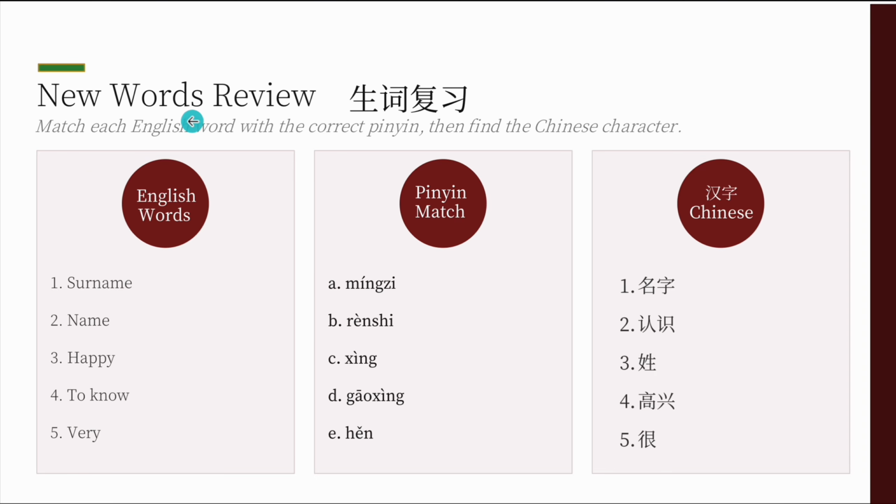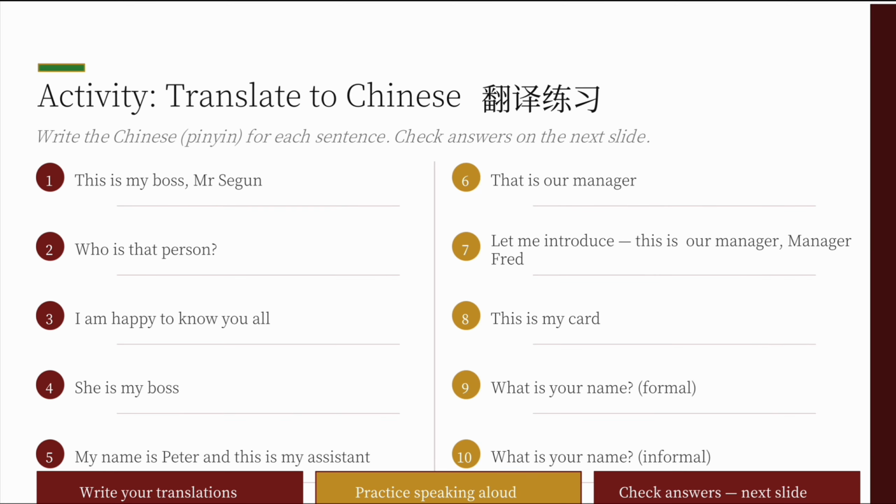Let's match our new words. New words review. Surname, we already know 姓。Name, 名字。Happy, 高兴。To know, 认识。Very, 很。This is a class activity.